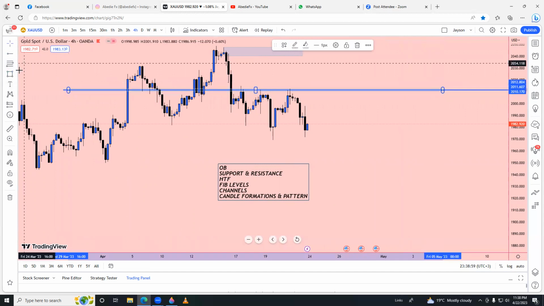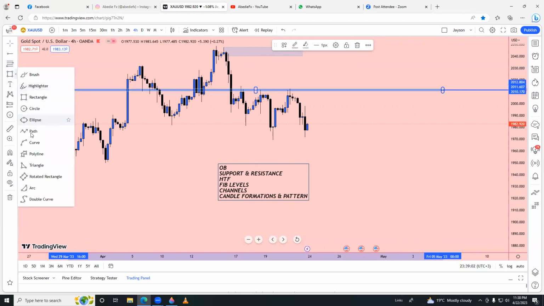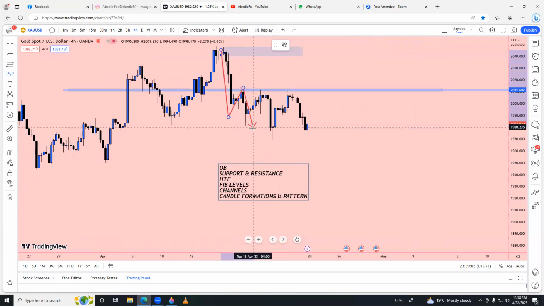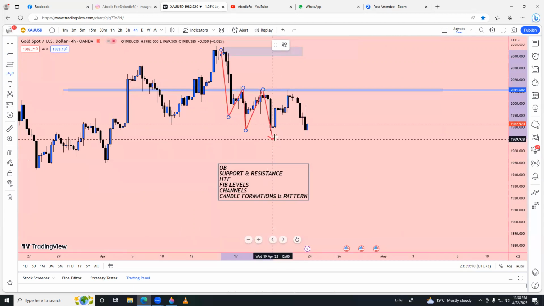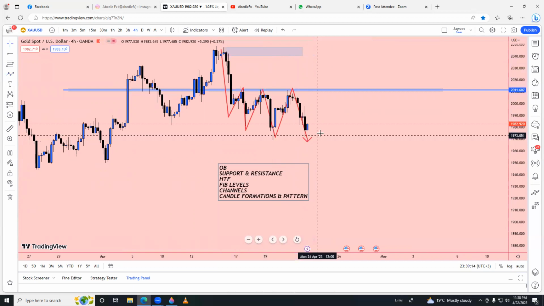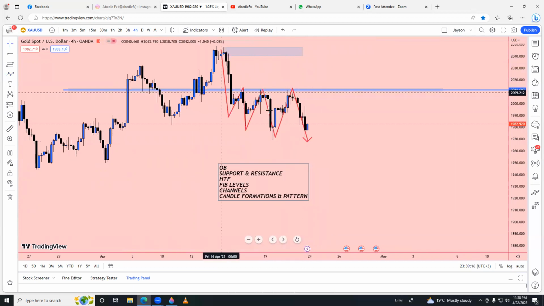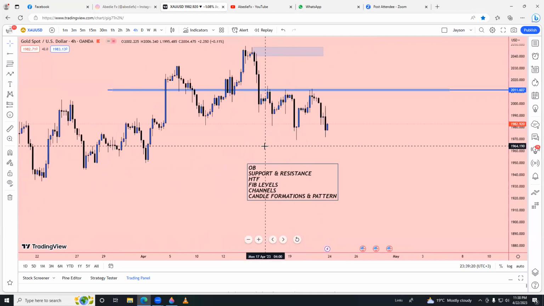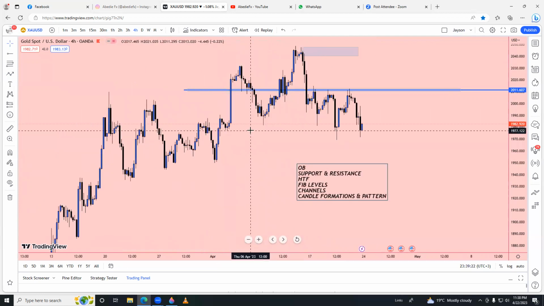I can highlight it like this, right? We came from high like this, then rejected the first one, down, the second one, down, down. So we can say for the time being this zone holds. So it becomes a resistance in the context of what we are looking at, right?